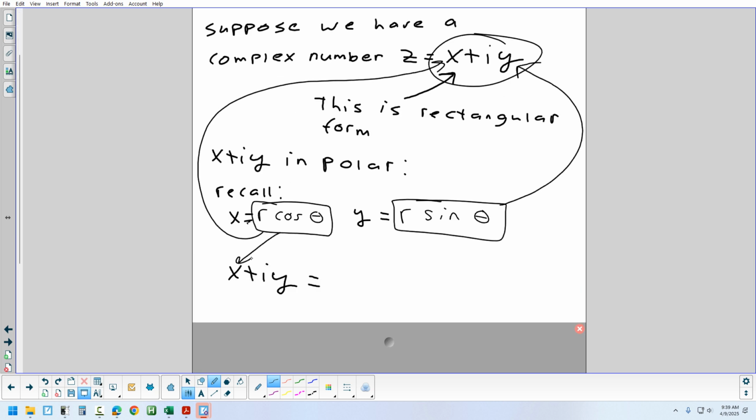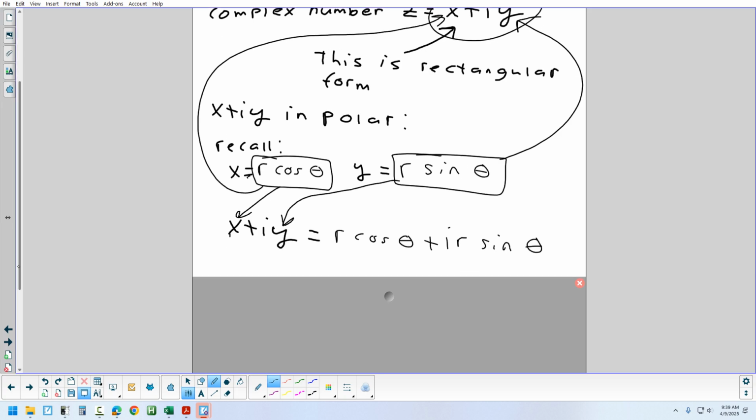When you do that, it's going to look like this. r cosine theta plus i, and the i stays right where it is. You're not plugging in anything for the i, but you plug in r sine theta for the Y. Now, if you look at each part in front of the trig function, they both have something in common.